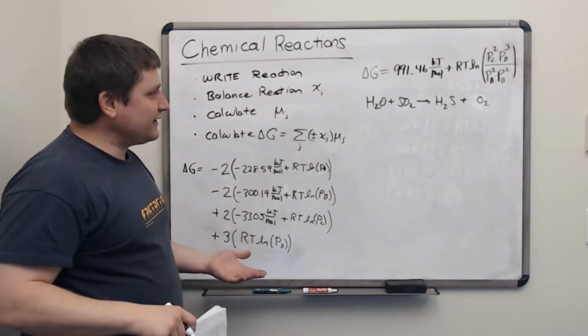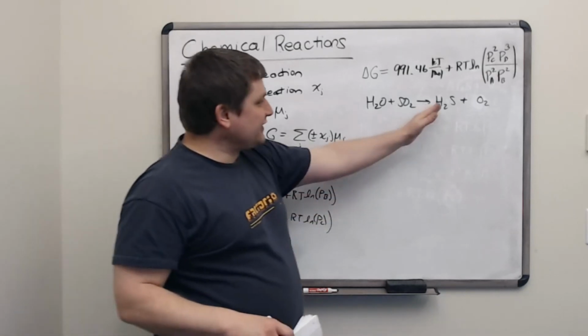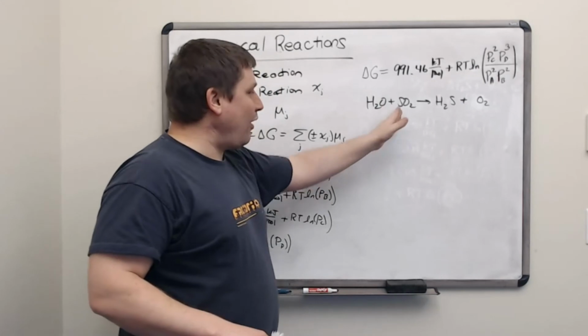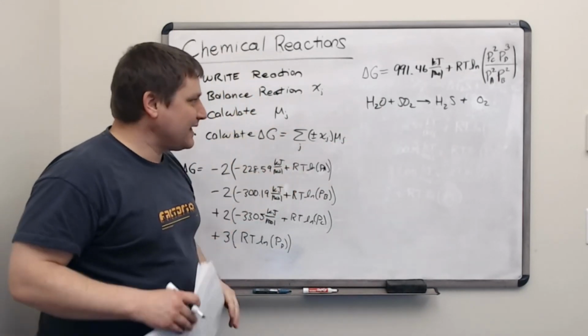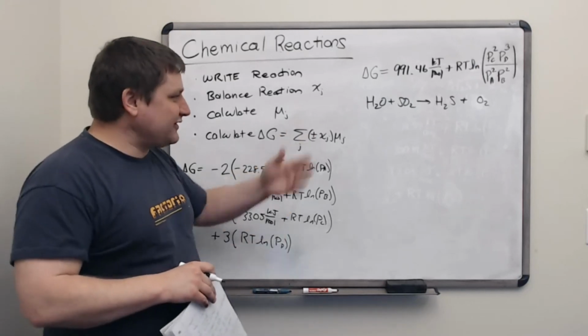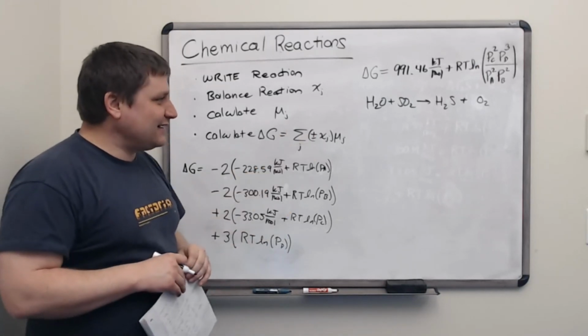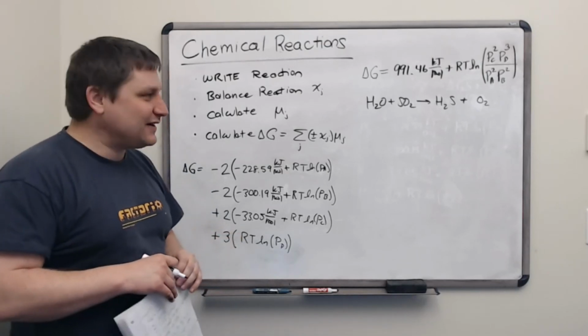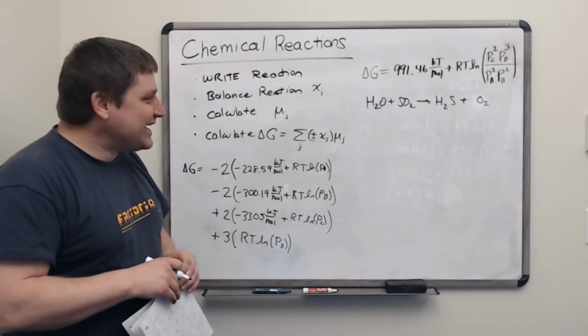Our conclusion here is that this hydrogen sulfide would really just love to eat up the oxygen and make a bunch of water and sulfur dioxide. If we remember any rules from chemistry, hydrogen sulfide is not the best thing to have around. It's kind of corrosive, kind of poisonous if you breathe it.